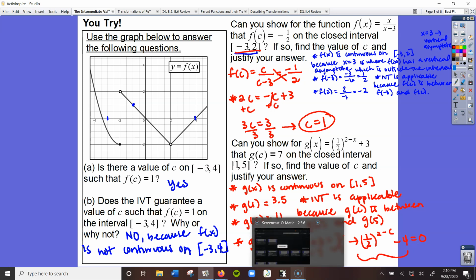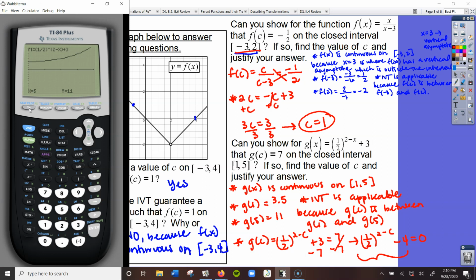So I'm going to come here to my calculator. I'm going to go to my y equals, and we can just reuse this function. I'm just going to go all the way to the end, and instead of plus 3, I'm going to replace that with minus 4. Now I'm going to graph. So what I'm looking for here, since this is for when your function is equal to 0, is my x-intercept, which is right here.